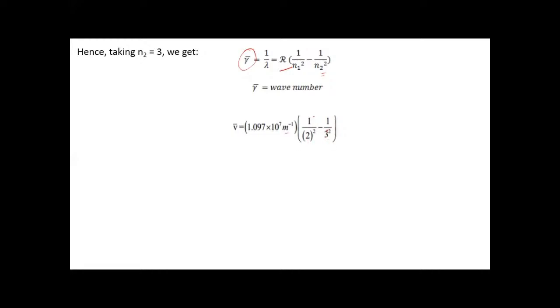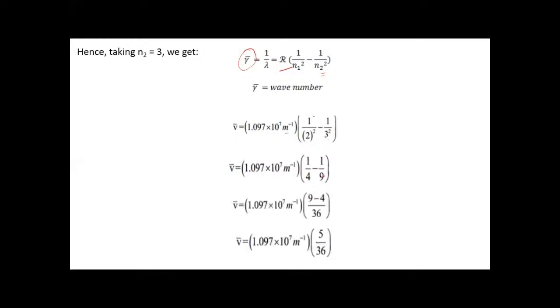So the value comes to be 1.097 into 10 to the power 7 meter inverse times 1 by 4 minus 1 by 9. When we solve this equation, the value of nu bar comes to be 1.5236 into 10 to the power 6 meter inverse. So this is the wave number. This is our answer.